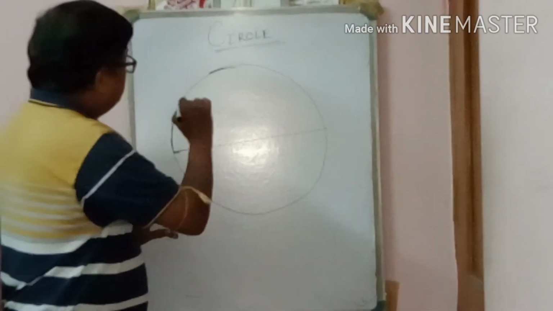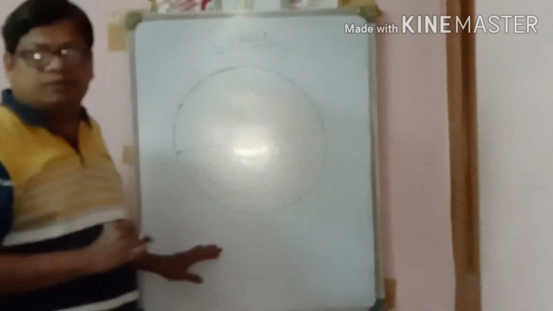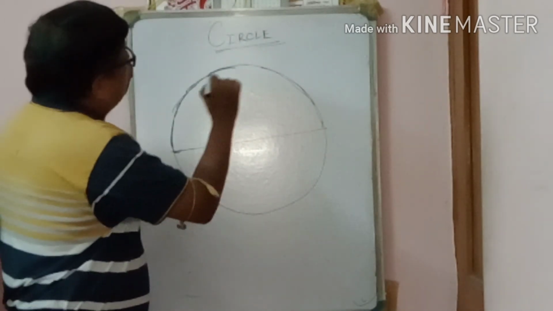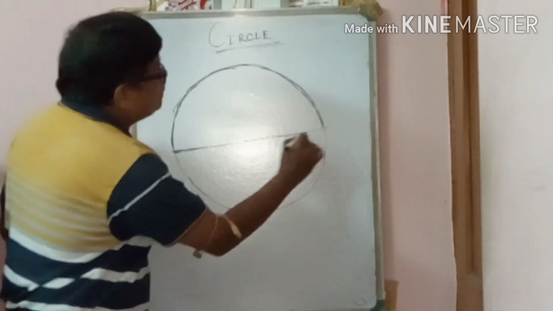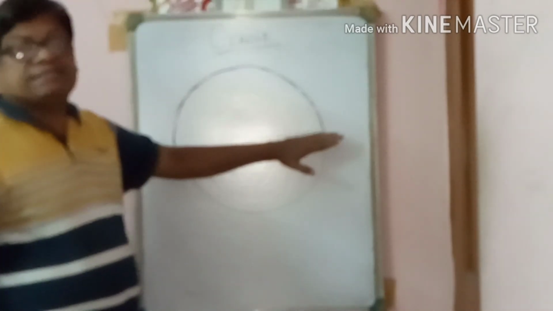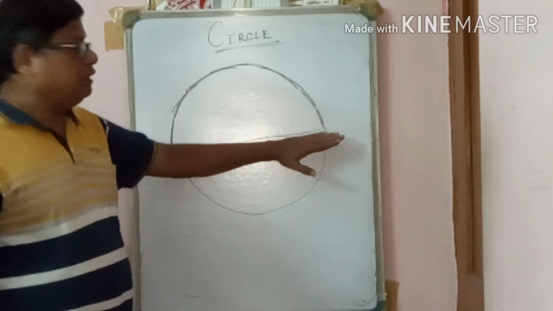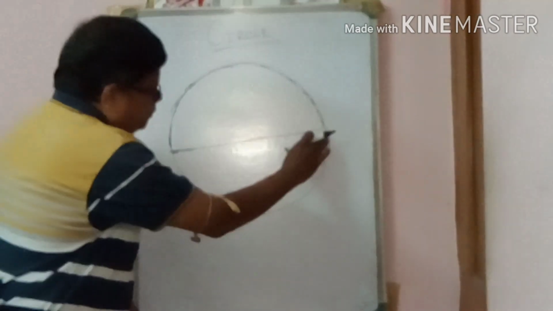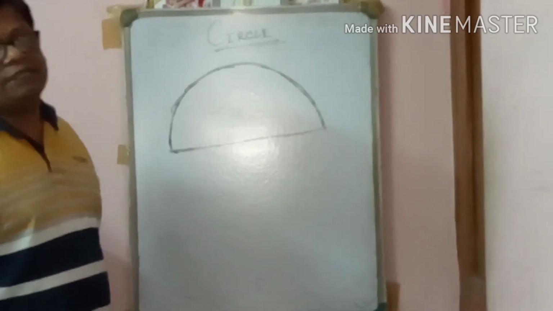This arc is a half part of the whole circle. So this part is called a semicircle. After this, you remove this part. So this part is known as a semicircle. Understood? If we remove this part, look at here, this part is known as a semicircle.